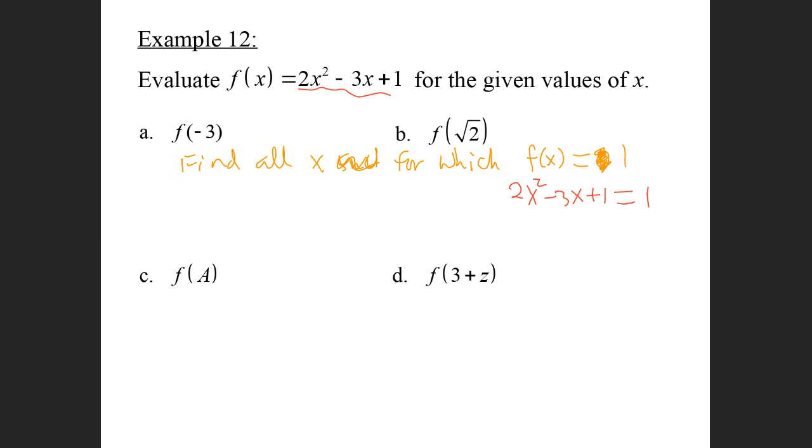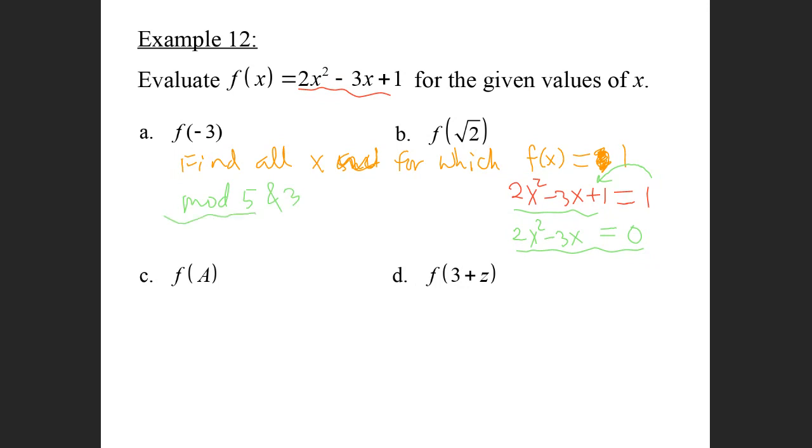This is a quadratic equation. Of course, you can solve it using your calculator, but you have to make one of the sides equal to 0. So you have to move this one to this side. Why? 1 minus 1 is 0. And now use mode 5, 3.